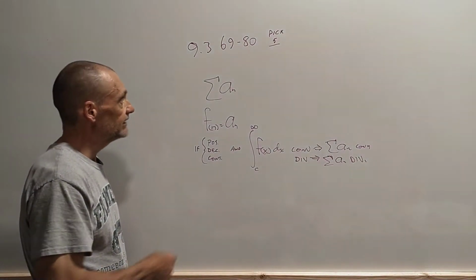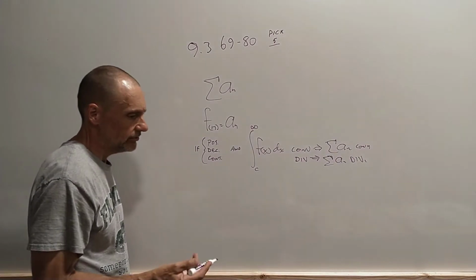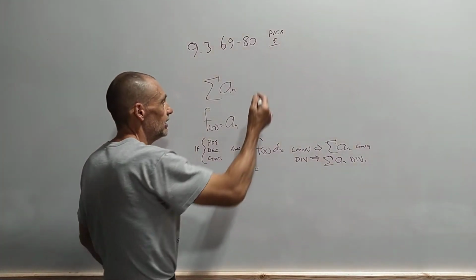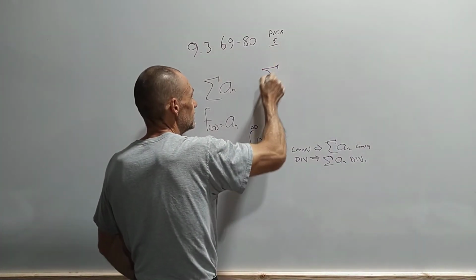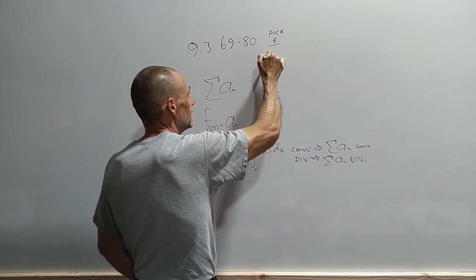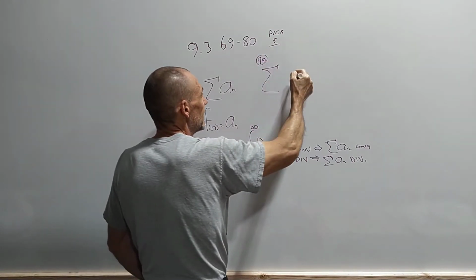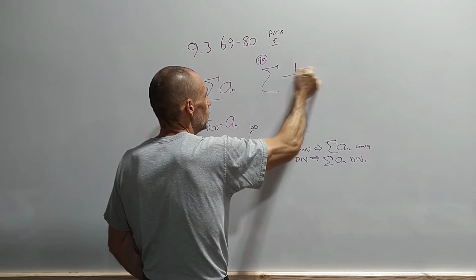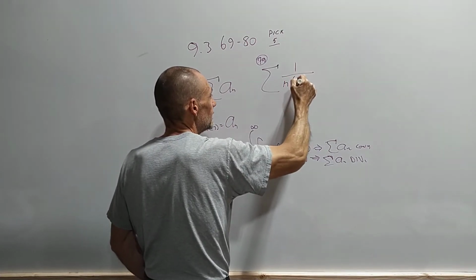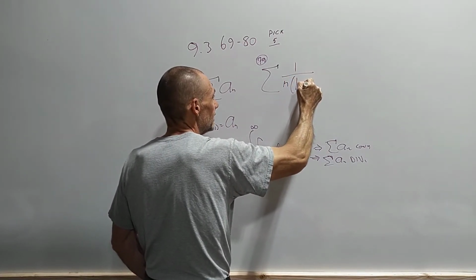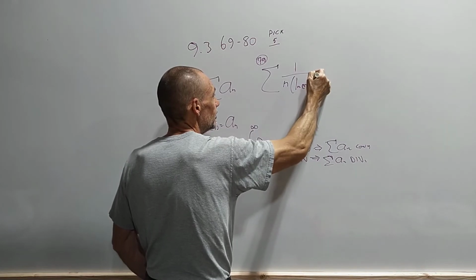So an example problem that you could use the integral test for would be this one right here. This is number 79 in the book, and it is 1 over n log n cubed.